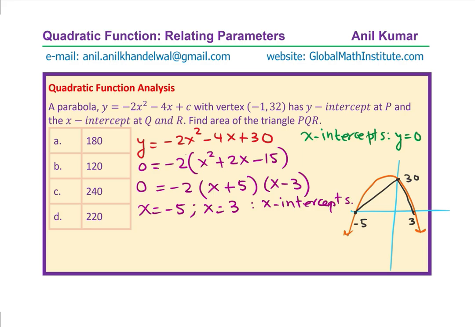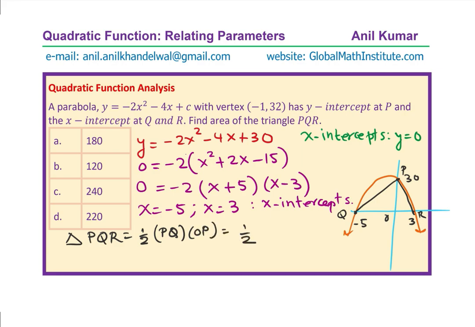So these are the points P, Q, and R, right? To find the area of the triangle PQR, which is half base, which is PQ, times height, which is OP, right?